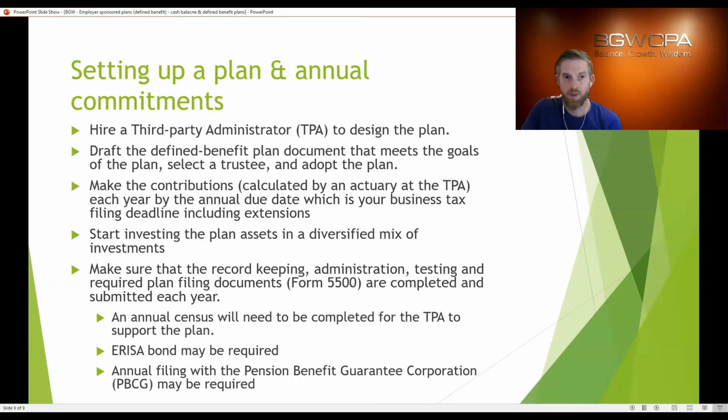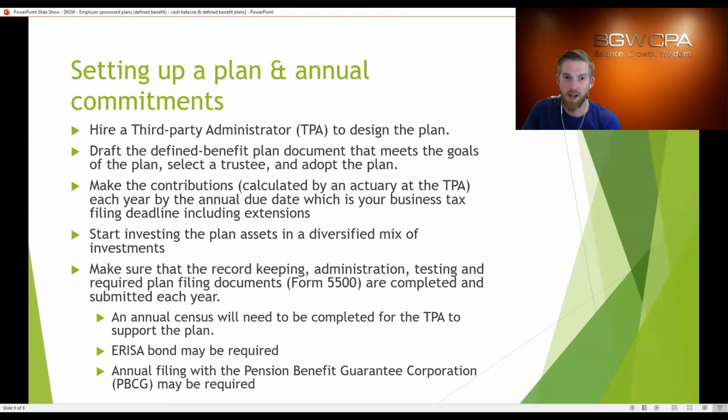So how do you set up a plan and what are the annual commitments? I recommend starting by hiring a third-party administrator. We spoke about those in the 401k section, also known as a TPA, to help design the plan and get the ball rolling. They would draft the defined benefit plan document that meets the goals of the plan or the owner. Then you would need to select a trustee and then adopt the plan.